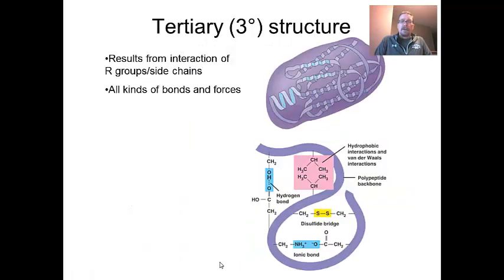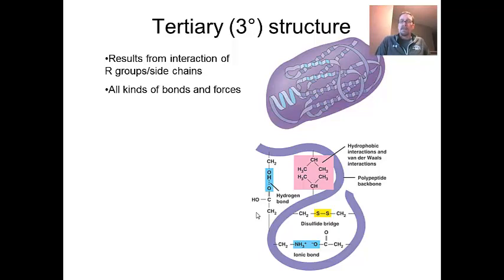And then you get to the tertiary structure, and that results from interactions of the side chains of the amino acids, that R group. Okay. Whether it's covalent bonding, ionic bonding, van der Waals, or hydrogen bonding, or any of the interactions that we have talked about.